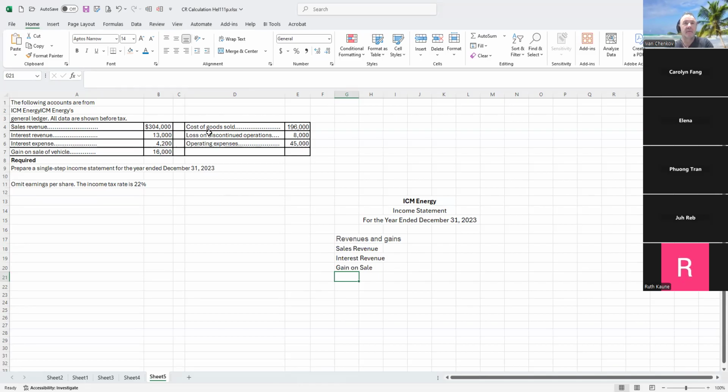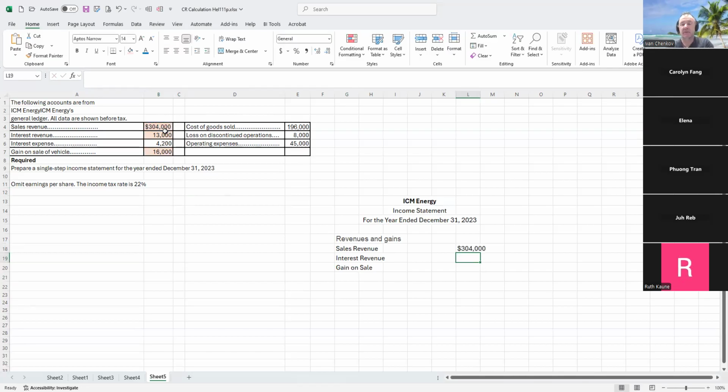Those are sales. We use this one, this one, and this one. Do you see anything else? Honestly, I don't see anything else. There shouldn't be anything else.